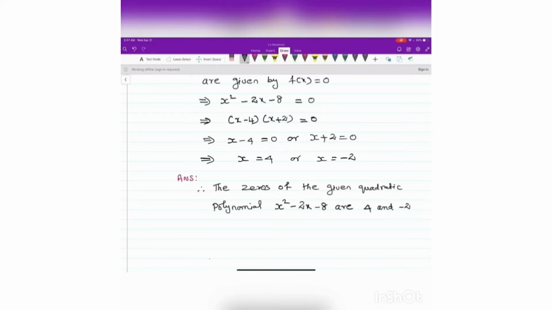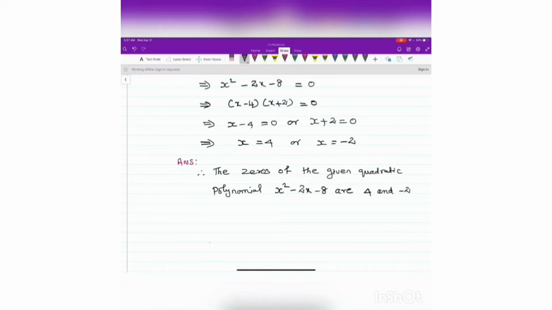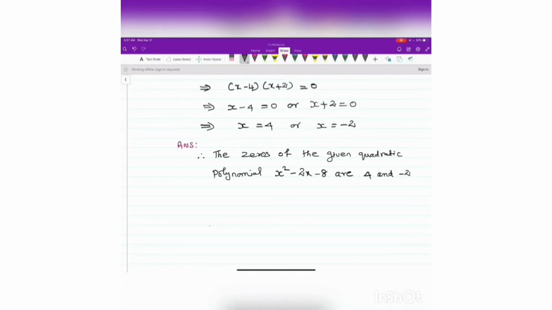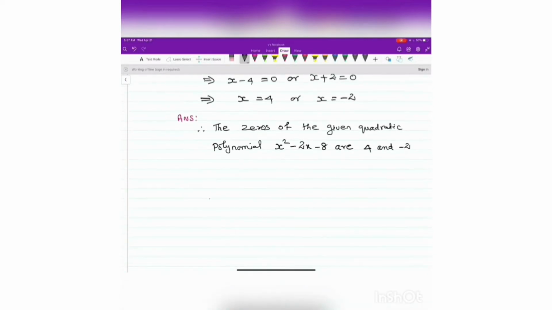We answered the first part of the question. The second part is you have to verify the relationship between the zeros and the coefficients of the polynomial. So let us do the second part.